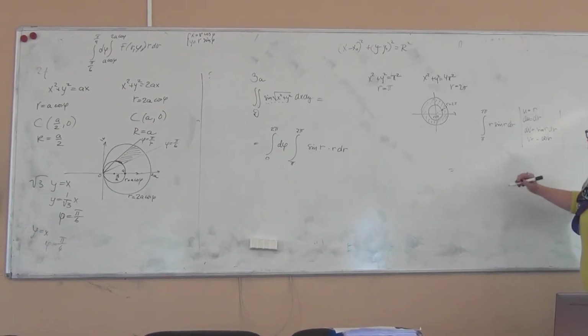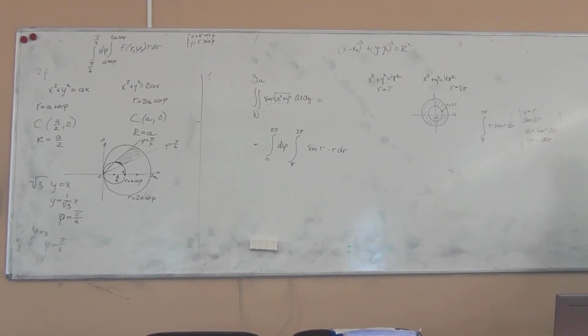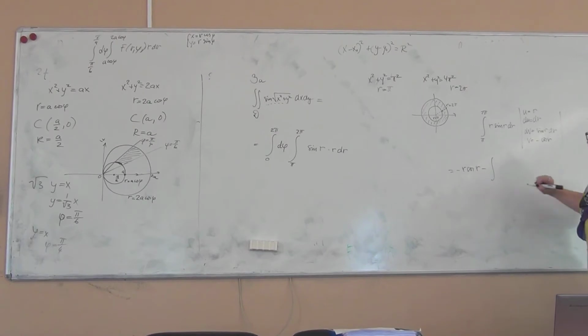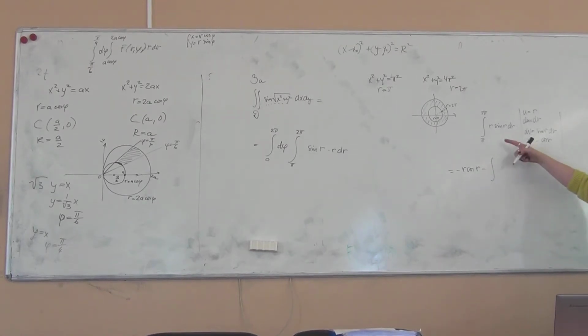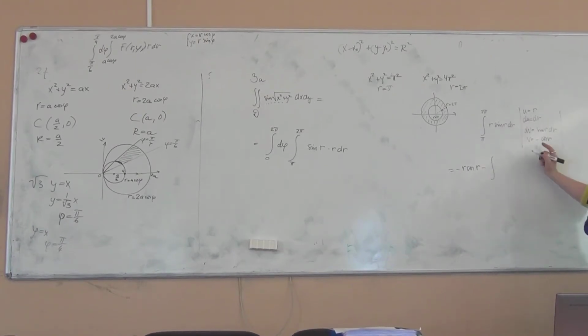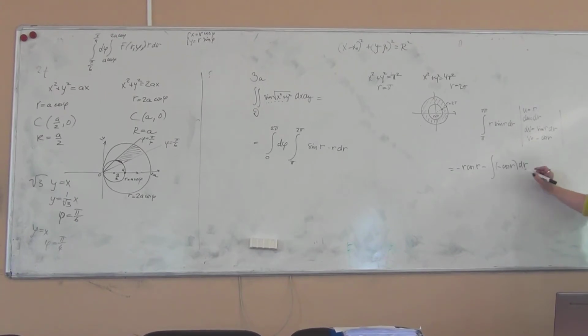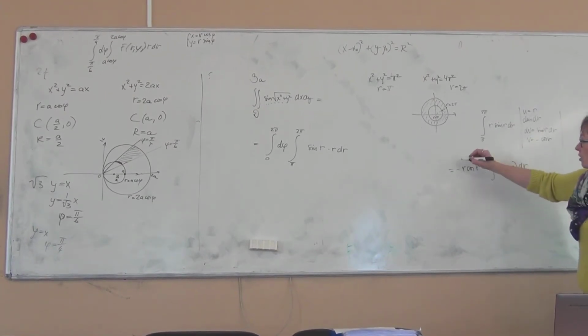Okay, so we have uv, a good revision of integration, minus r cosine r, minus the integral of v du, so it's minus cosine r dr. All of this will be in between these two boundaries.